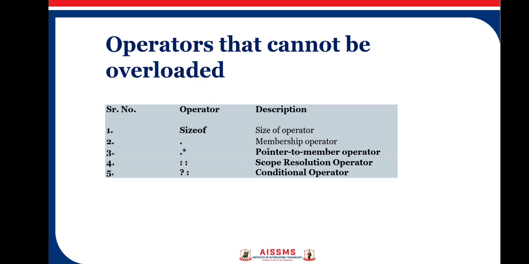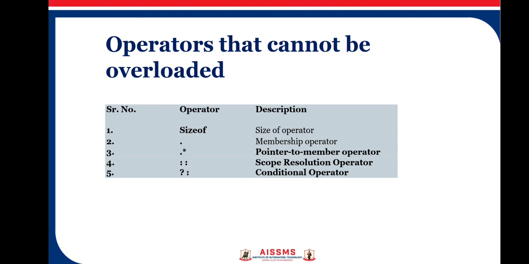So the list of operators which cannot be overloaded. These are 5 operators. First operator is sizeof, which you can use to calculate the size of a variable. Then the dot operator, that is the membership operator. Then the pointer to member operator, that is dot star, which we also cannot overload. Again, the scope resolution operator. This is a very important operator in C++ which we cannot overload.